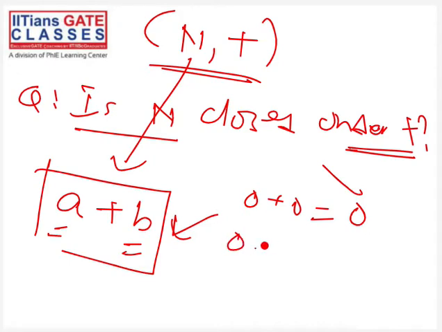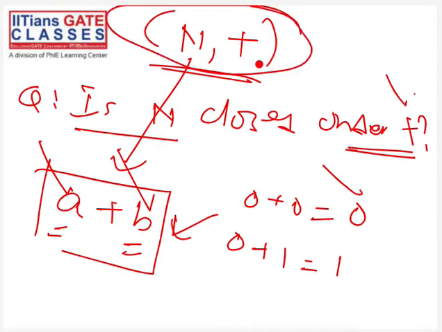You can take any two elements, and your result will also be a natural number, because natural number plus natural number is also a natural number. So you can say that this N is closed under plus. So this pair N comma plus satisfies the closure property.